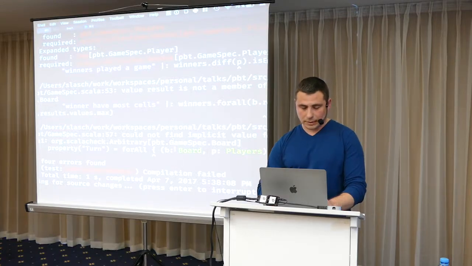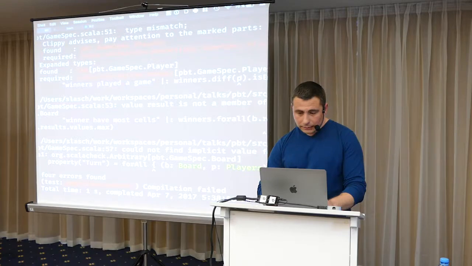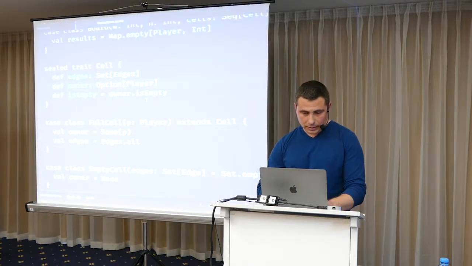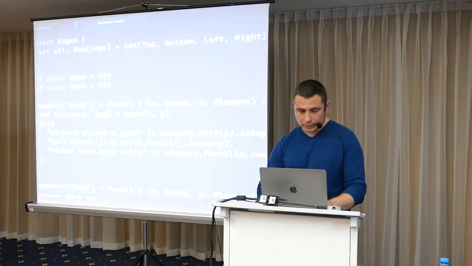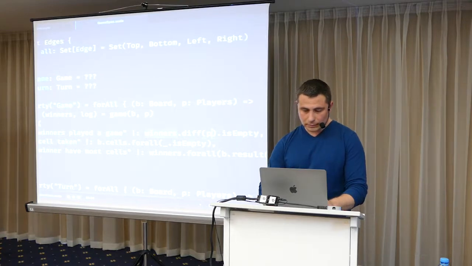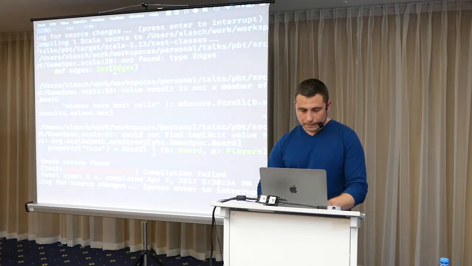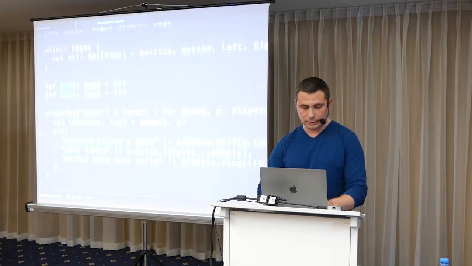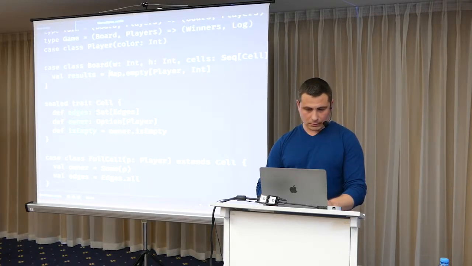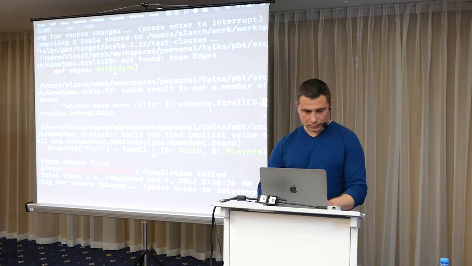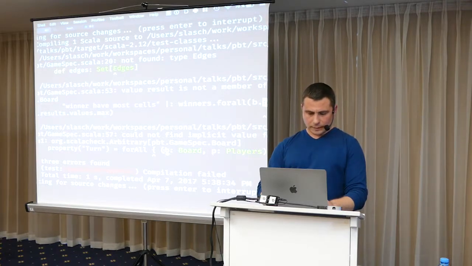So what do we have now? I guess here we mix up sets and sequences. So for our definition of winners, we need to convert players to a set. And we need to know the results of the game. Here we used the board result to compare if that cell was taken or not. There we have it. Why isn't it working? Whatever.